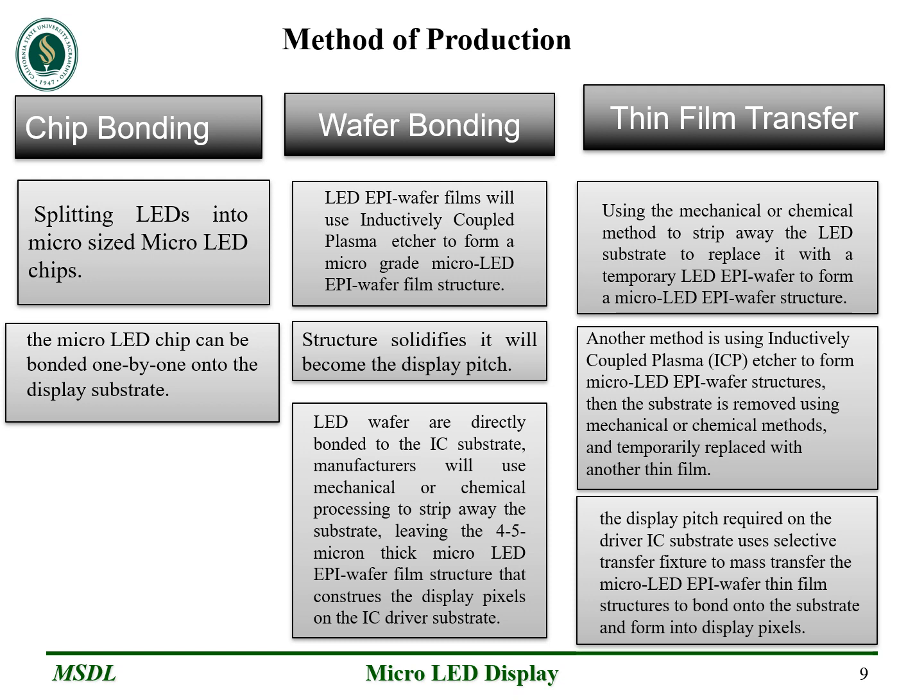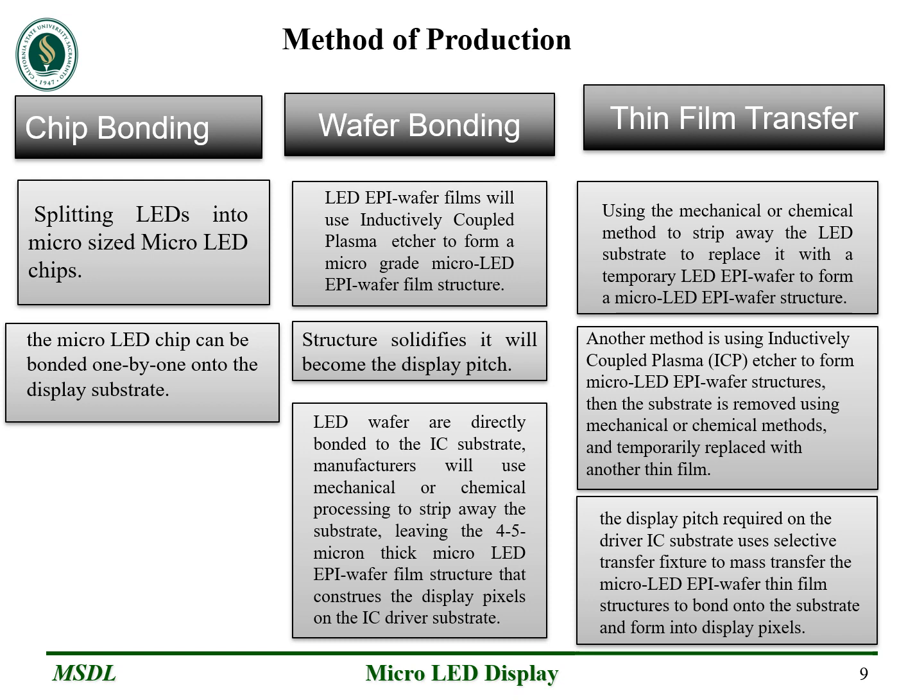In the chip bonding method, LEDs are split into micro-sized micro LED chips, which include the epi wafer film and substrate, and the micro LED chips can be bonded one by one onto the display substrate. In wafer bonding, the LED epi wafer film uses inductively coupled plasma etching to form a micro LED epi wafer film structure.